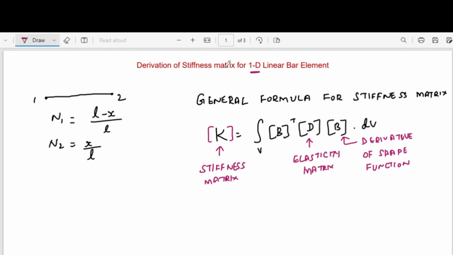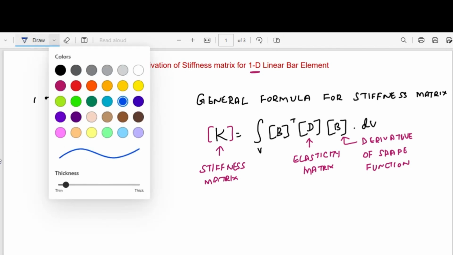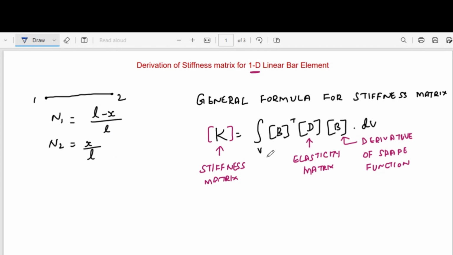Okay. So from the generalized form, we need to rewrite this stiffness matrix for the one-dimensional form. The integral is with respect to V, that is a volume integral.